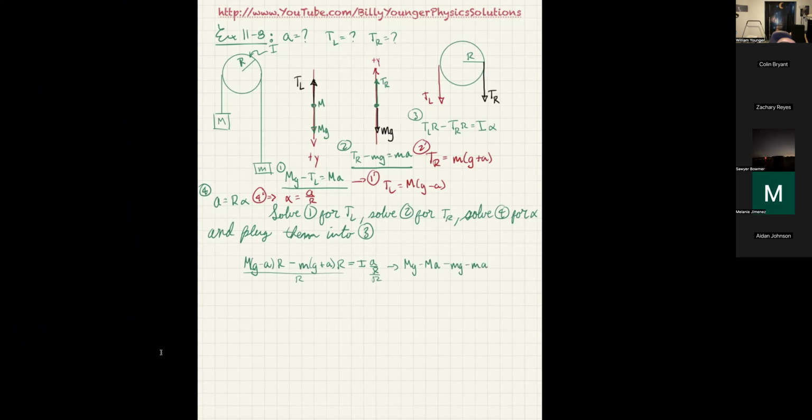Remember, I have to distribute that negative. This is equal to I alpha, or excuse me, I a over R squared.